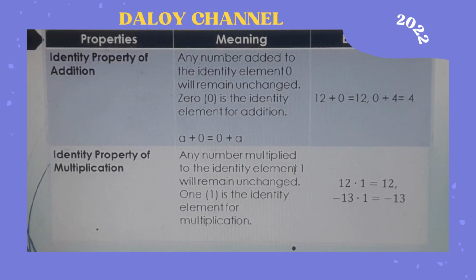So 1 is the identity element for multiplication. Twelve times 1 is equal to 12. Negative 13 times 1 is equal to negative 13.